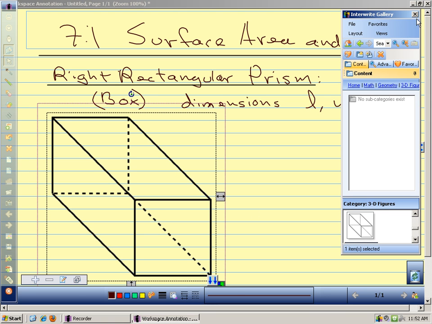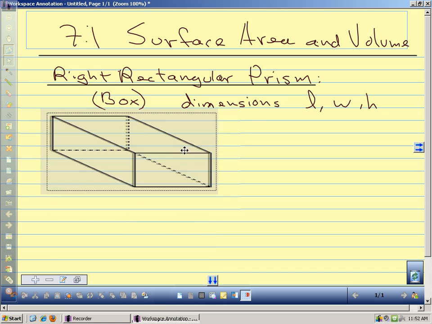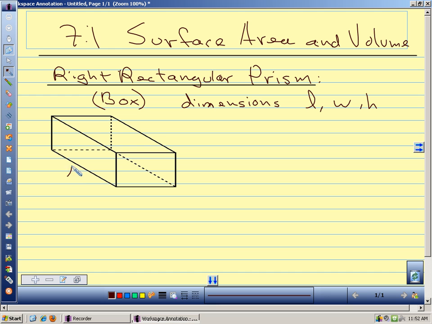So there's our prism. Let me make it a little smaller. There's our right rectangular prism. And our dimensions, we'll call this L, W, and H. It doesn't matter which side we call length, width, and height, but we'll just do it this way to make it easier. So we want to know the surface area and volume.